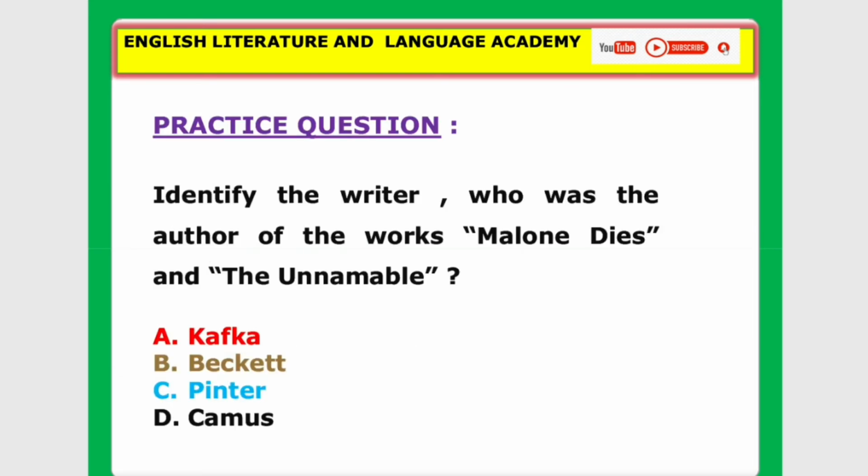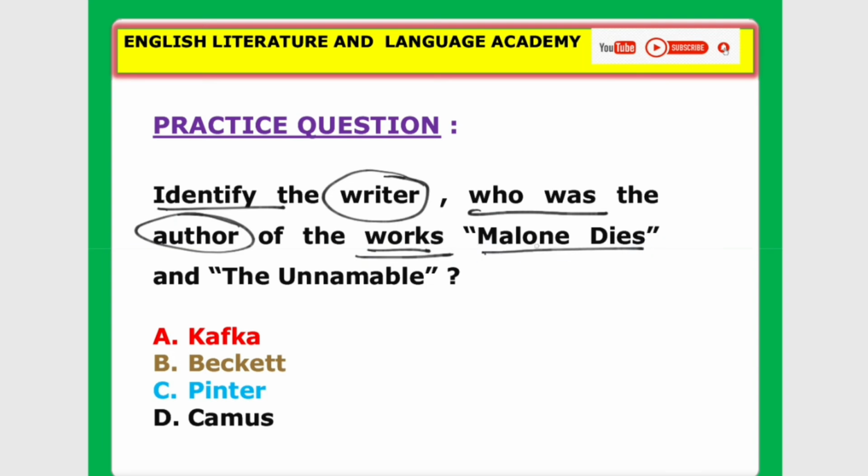Now let's move on to today's practice question: identify the writer. Please read this one. Who was the author of the following works? The names of the works are Malone Dies and The Unnameable. These works are dominated by the feature of absurdity.